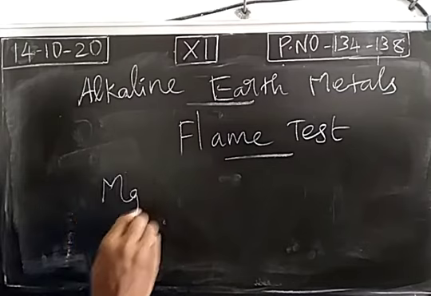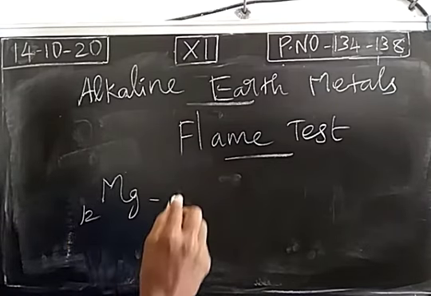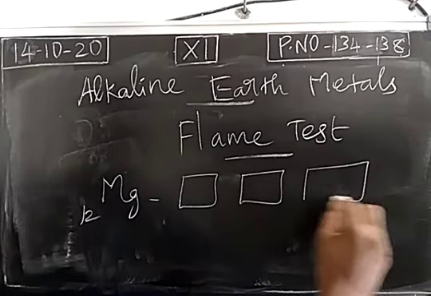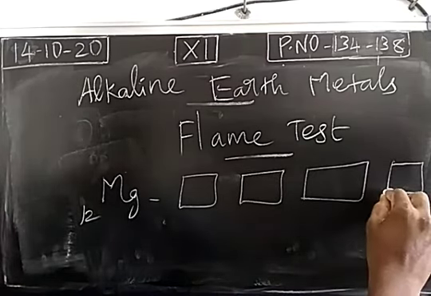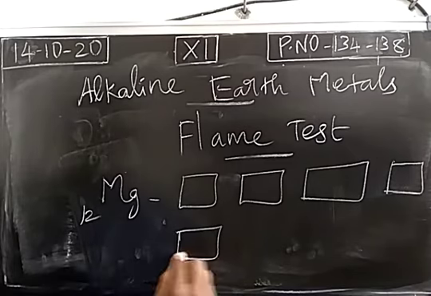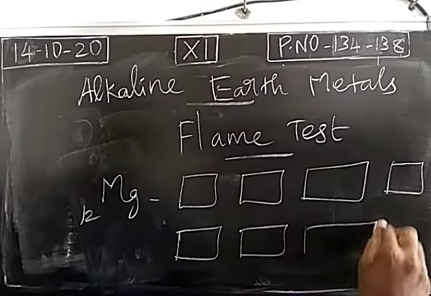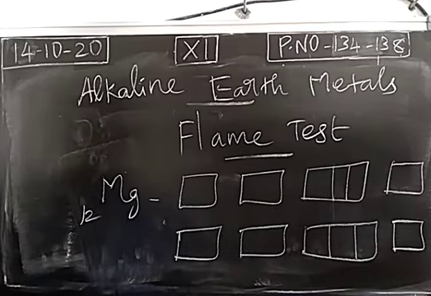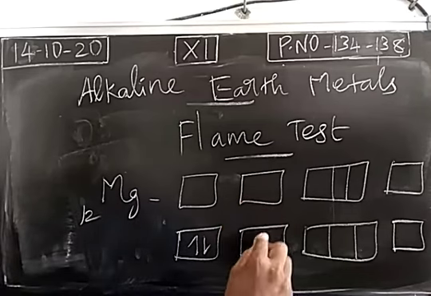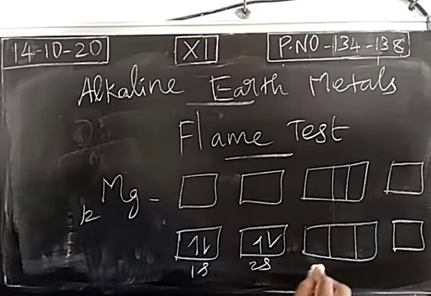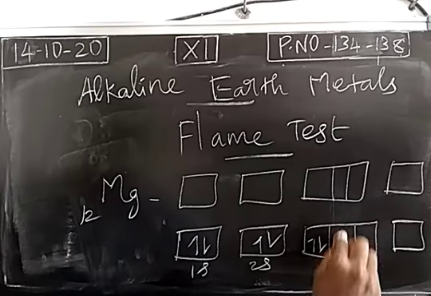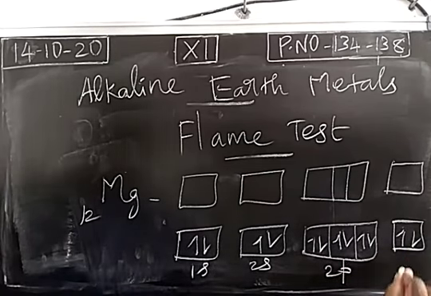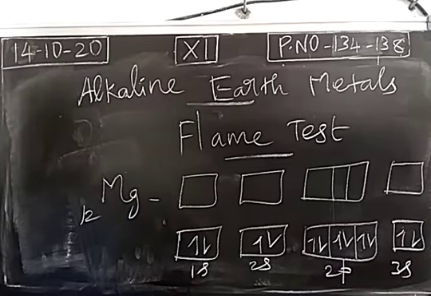So 1s2, 2s2, 2p6, 3s2. This is the electronic configuration of magnesium.